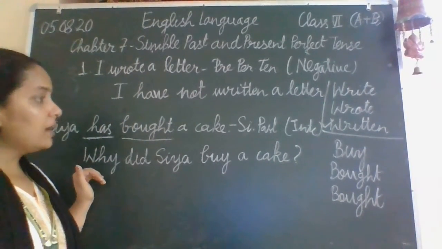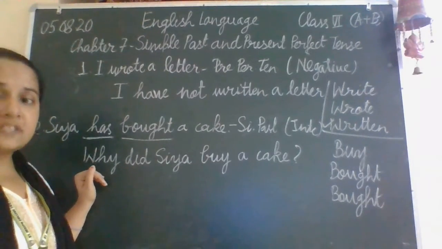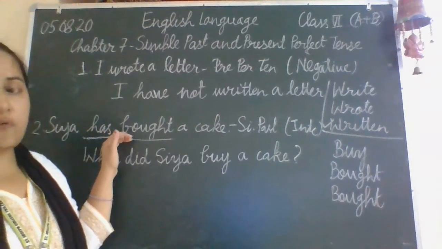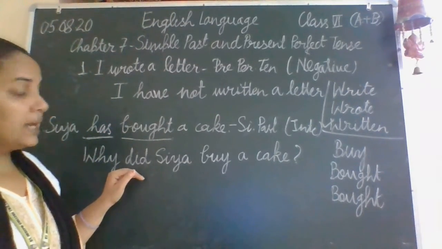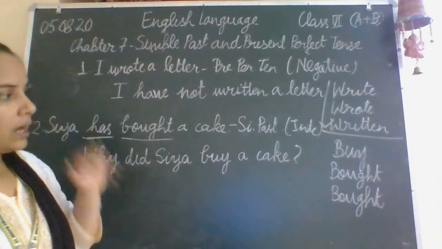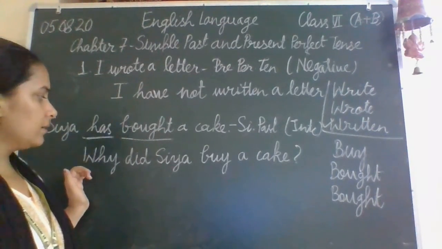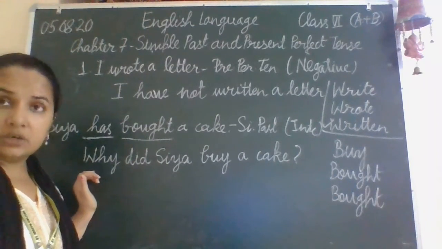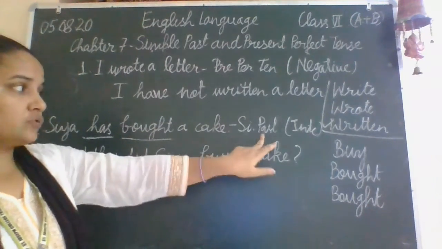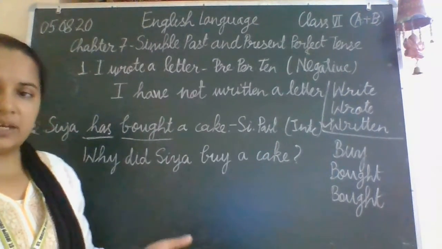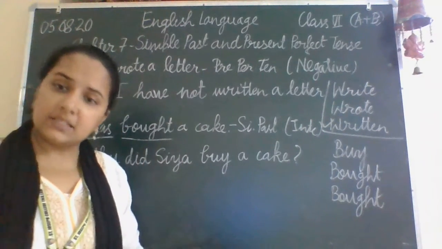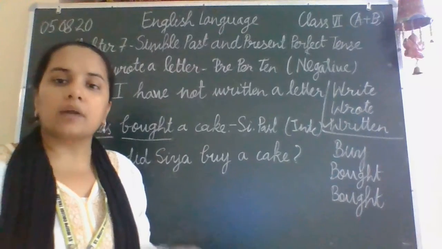Now this is an interrogative sentence of simple past. We have converted this affirmative sentence of present perfect into the interrogative sentence of simple past. Now, another case is when the interrogative sentence will start with the helping verb, and we have to change it into simple past only, and in simple past we use only one helping verb, that is did. So the sentence will start with did.